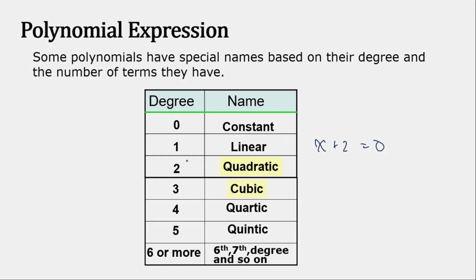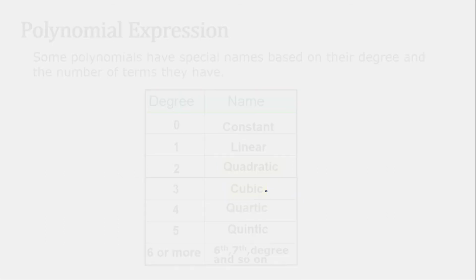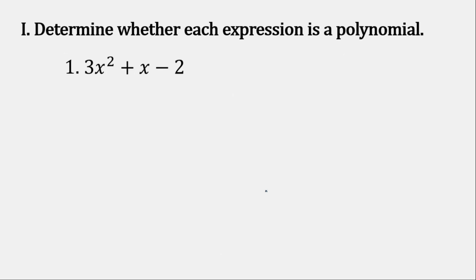If it has second degree, we call it quadratic. An example of this is x squared plus 2x plus 1. And if it has a third degree, it is cubic, then quartic, and quintic. In grade 10 in the Philippines, we are just focusing on cubic, quartic, and quintic polynomials. So much for that. Now let's go to some of our activities.